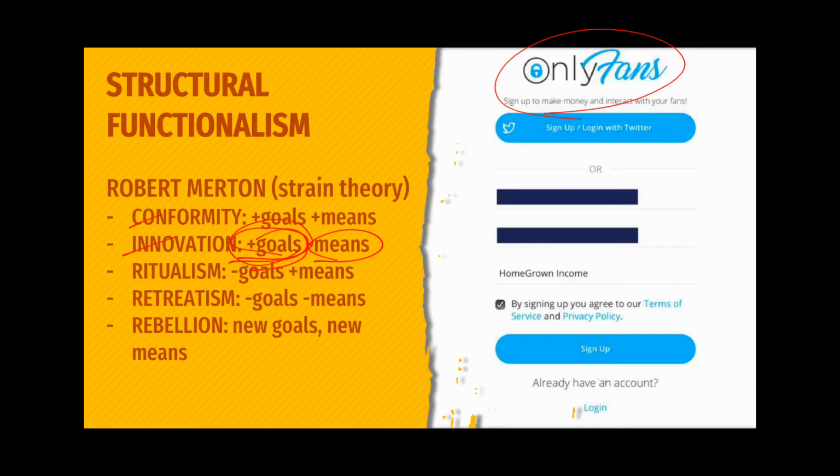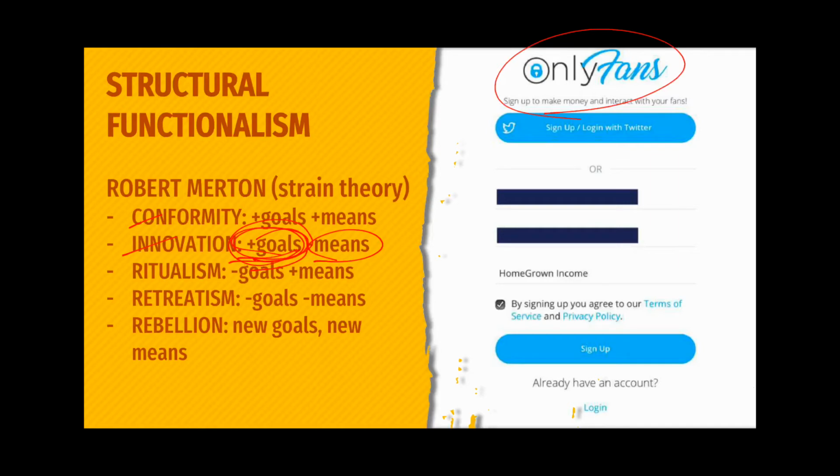For example, in this case, despite sexualization and pornography being negatively sanctioned or deviant behavior in some societies, they still went on and presented themselves in a sexual manner in order to get money, because they still shared that goal of becoming financially stable. But they did it in a deviant way, according to society.